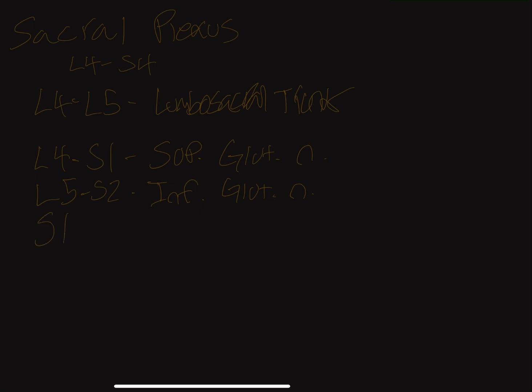One step down, S1 to S3, is your posterior femoral cutaneous nerve. Then one step more down, S2 to S4, is your pudendal, the area between your genitals and your anus.